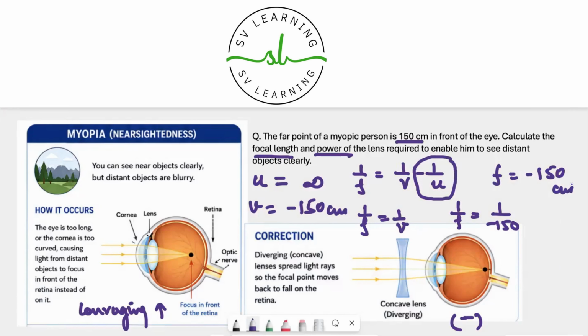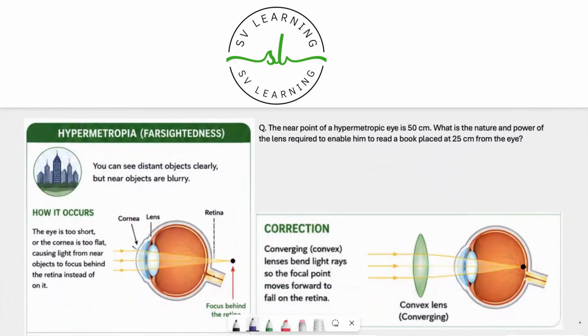So we can quickly say, if it's an MCQ, that whatever is the value of the image distance given will come out to be the same as your focal length in numericals with myopia. Then you can calculate the power by taking the reciprocal: 1 by minus 1.5, which will be minus 0.67 diopter.